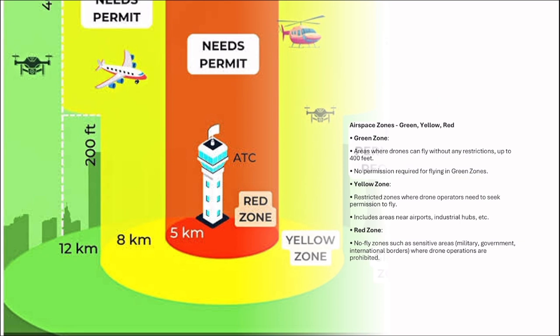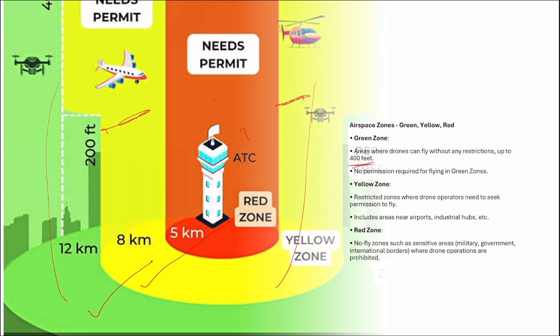Coming to the zones: red zone, yellow zone, green zone. In green zones, up to 400 feet, no permission is required. You can just happily fly your drones. In the yellow zone, you'll have a few restrictions and will have to take permission to fly.